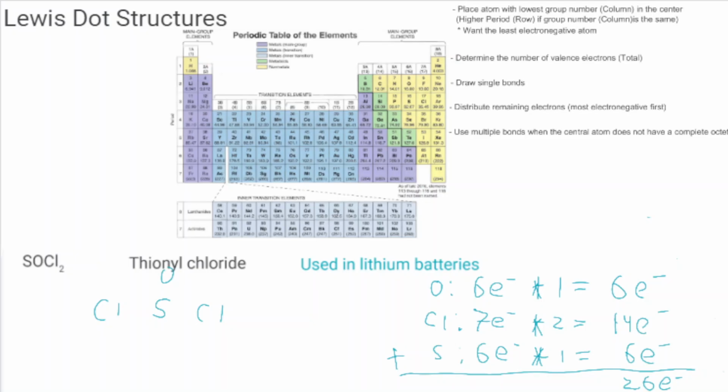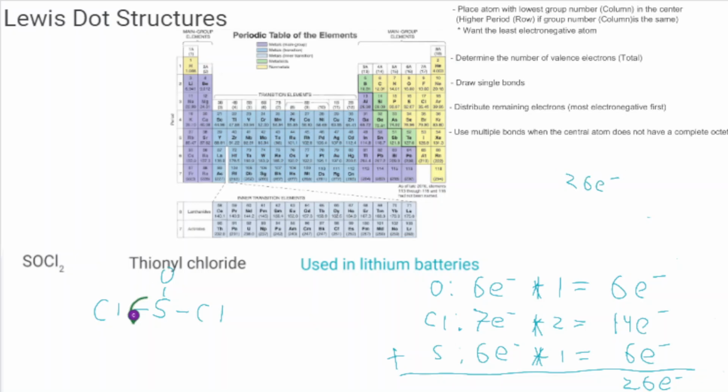And then we need to start drawing in our single bonds. So I'm going to draw in a single bond between sulfur and all of our other species, so the oxygen and the 2 chlorines. And then we need to fill in our remaining electrons. So another method for figuring out how many electrons you have to work with is you can take our 26 to begin with, subtract out the number of bonds.